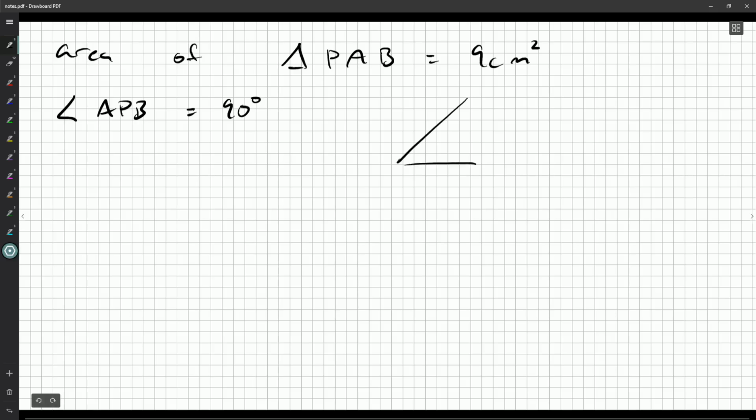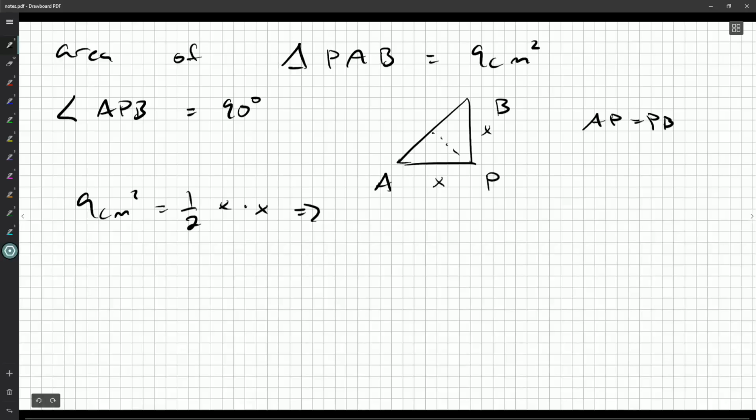So we've got P here, A here, B here. So because it's isosceles, AP is equal to PB. We'll call this X and X. So 9 centimeters squared is 1/2 X centimeters times X centimeters. So 18 centimeters squared is X squared. So X is square root of 18.